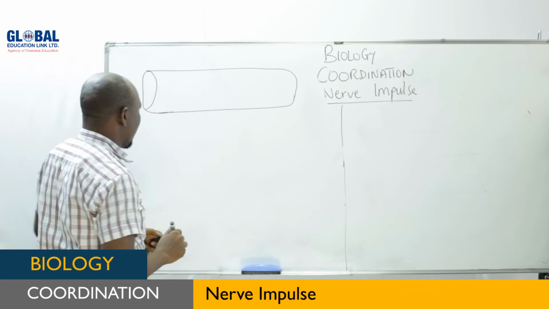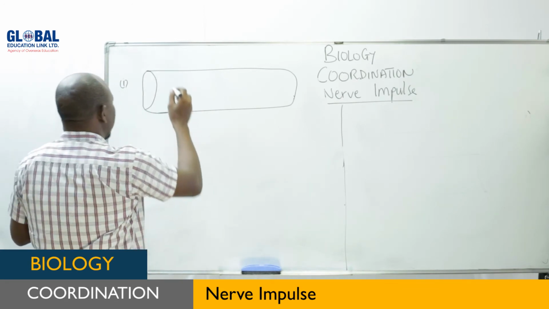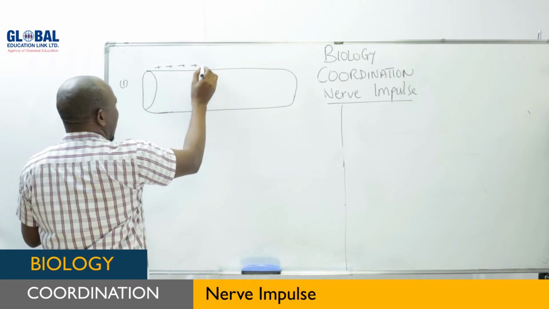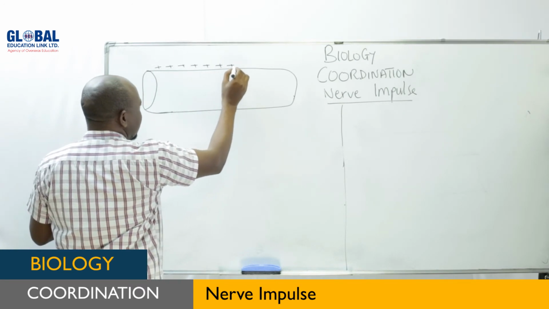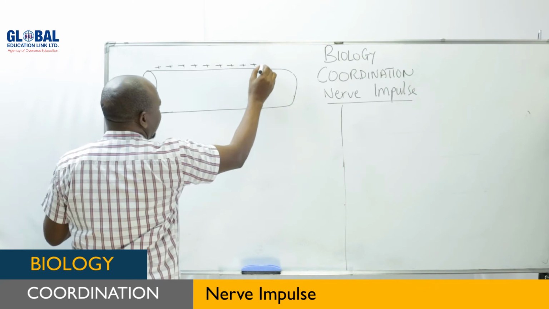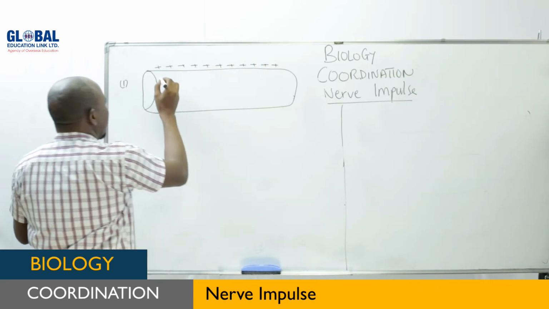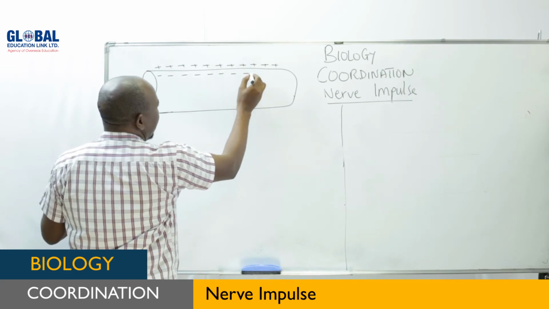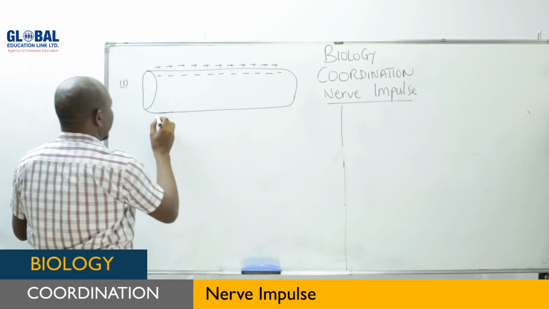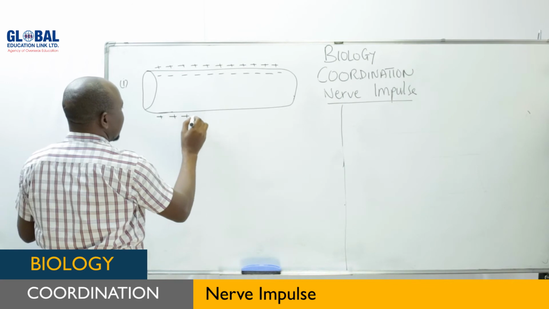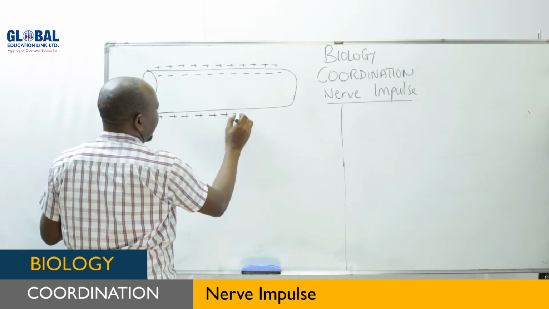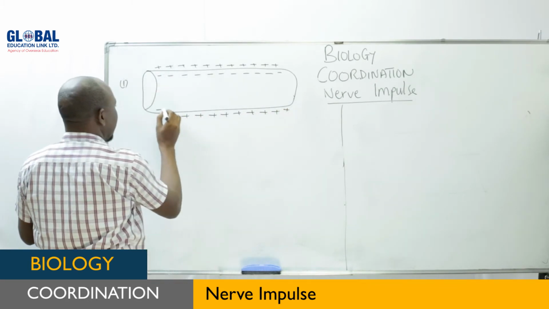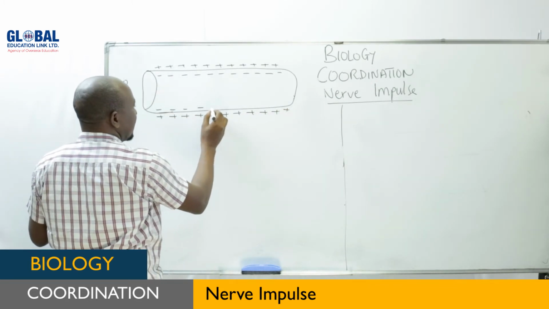Assuming this is our axon membrane, it is positively charged outside with the sodium ions and negatively charged inside. Likewise, on both sides, positively charged outside and negatively charged inside.